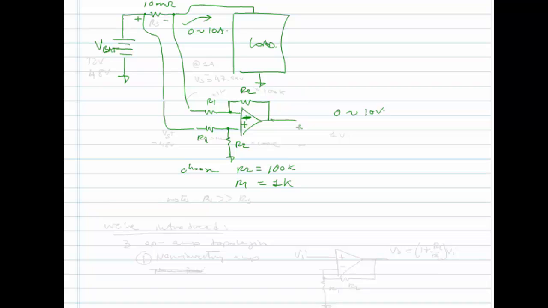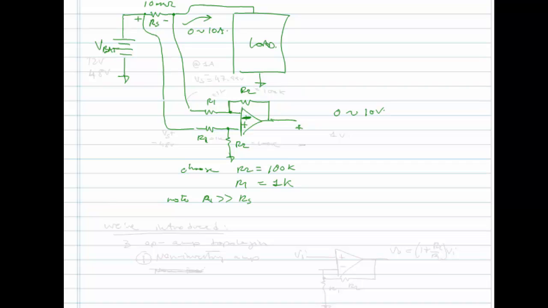The main point here is to note that R1 is much, much greater than, if this is my sense resistor, I'll call it RS, right? For this to work well, my R1 has to be much, much greater than RS, which it is. It's 1,000 compared to 0.01, so it's off by a factor of 100,000.